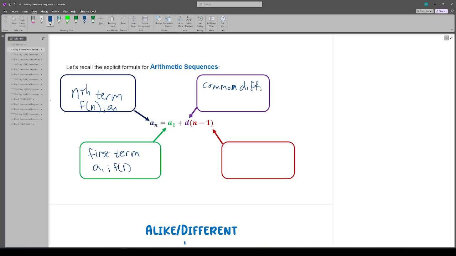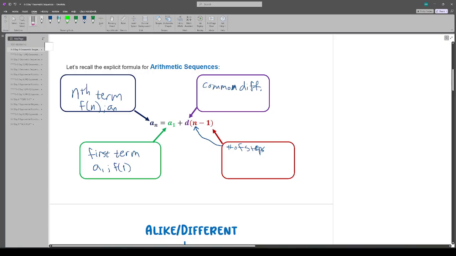So our common difference is represented as d, and then n minus 1 is the, I'm actually going to change this slightly. I'm going to point this to just n. So n minus 1 is the number of steps that we've gone forward in the sequence. That's the number of steps.